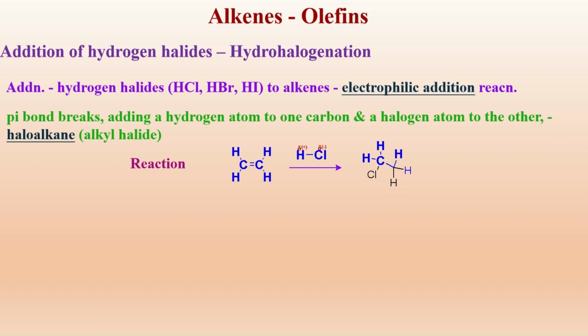It also follows a mechanism similar to that of hydration, that is the electrophilic addition mechanism. It is similar to that of hydration of alkenes. The mechanism involves the protonation of alkenes.